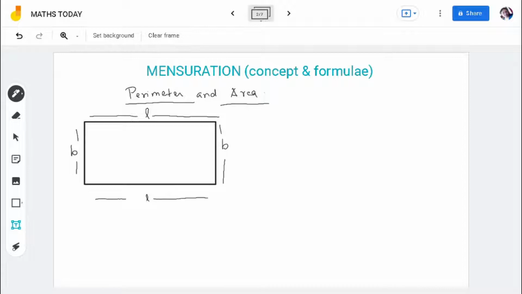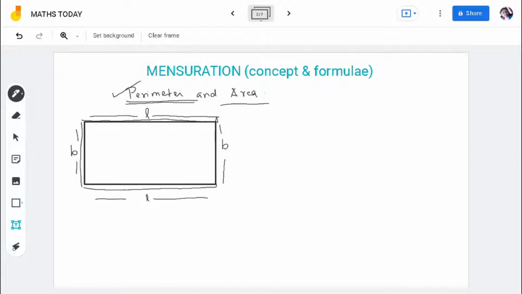Now first of all, we have to understand the meaning of perimeter. Perimeter means the length of its boundary. That means the length of this side plus this side plus this side plus this side. The length of the total boundary is termed its perimeter. Similarly, what is the meaning of area?